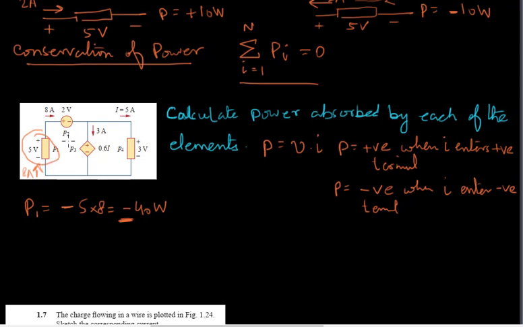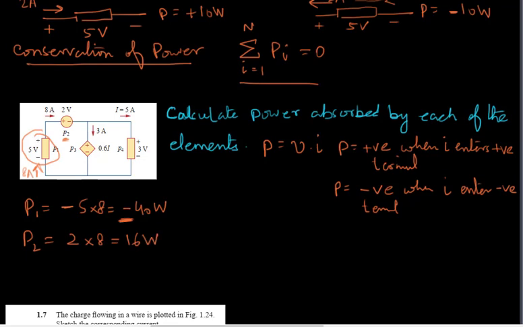Let's find out the power P2 over here, and you can see it's the power of this voltage source. So P2 is going to be, the 8 ampere is entering the positive terminal, so it's going to be positive. So simply positive 2 times 8, and that is 16 watts.